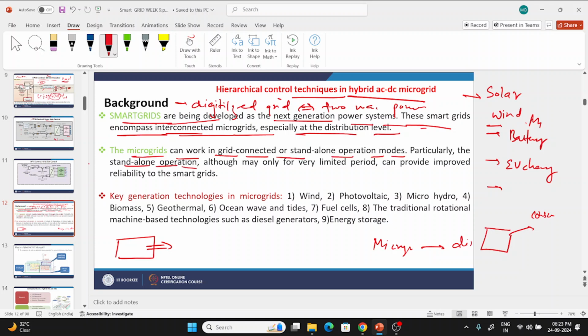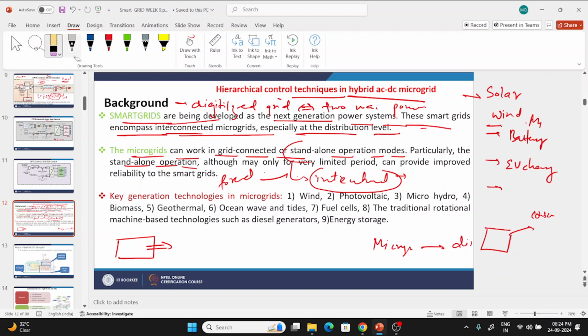Standalone operation is either intentional or forced. Forced means some sort of fault or outage happens. Intentional happens when there is grid congestion or the peak demand is so high that we have to disconnect a certain microgrid area. In that way we can say it is intentional.